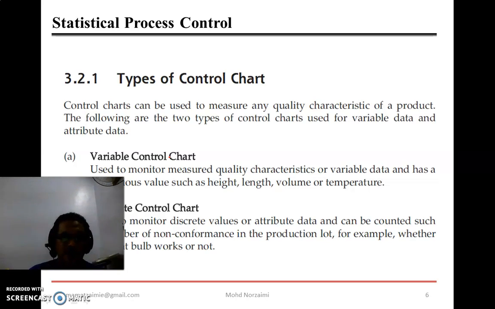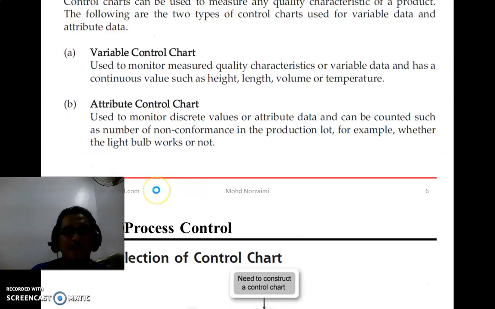For the variable control chart, we have 3 control charts, and for the attribute control chart, we have 4 control charts. Different situations apply different control charts.